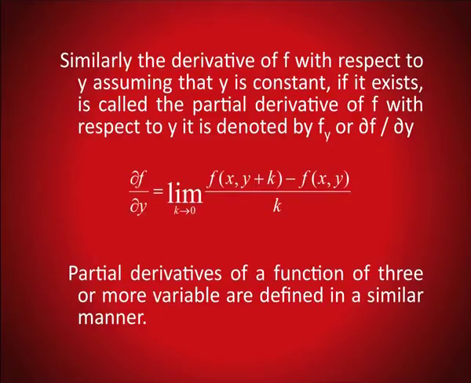This is given by ∂f/∂y equal to the limit as k tends to 0 of [f(x, y+k) − f(x, y)] upon k. It represents the rate of change of f with respect to y while x is kept constant. The partial derivatives of a function of three or more variables are defined in a similar manner.